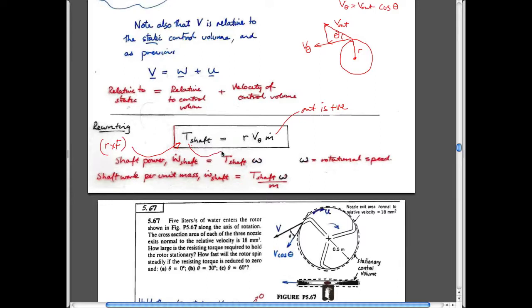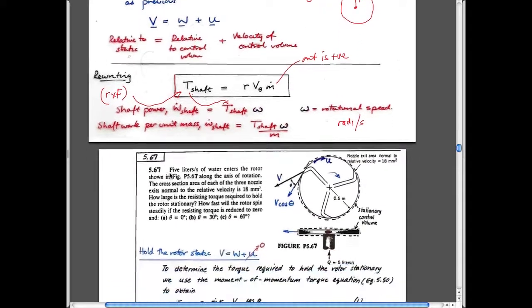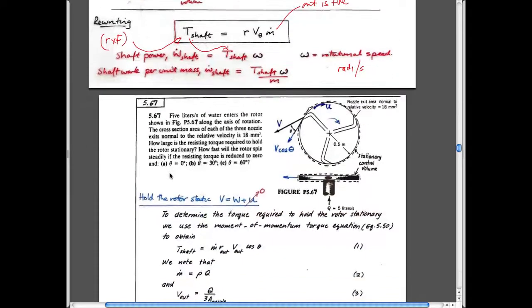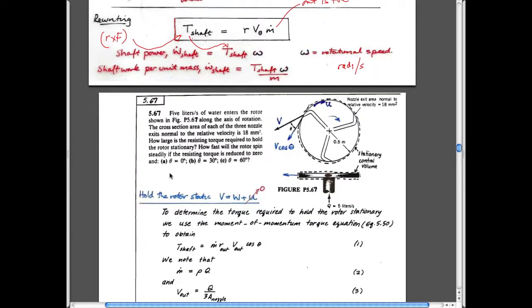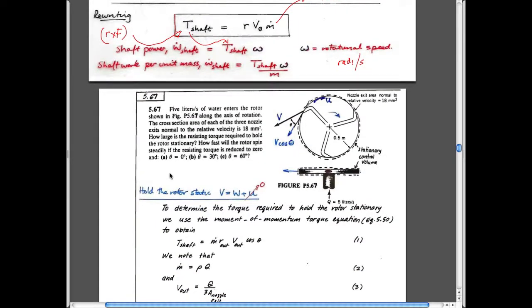If we multiply that by the rotational speed in radians per second, omega, that gives us the shaft power. This is power, in other words watts, W. So you can work out what the power would be from a turbine. Everyone okay? You'll only ever have to use this one expression that we have outlined there. It's a straightforward one to work with.